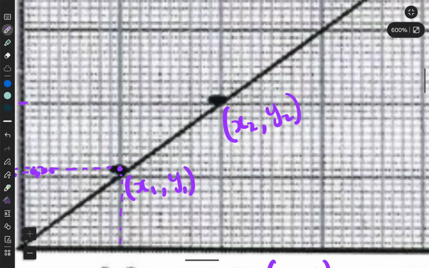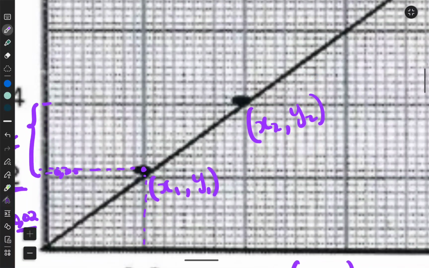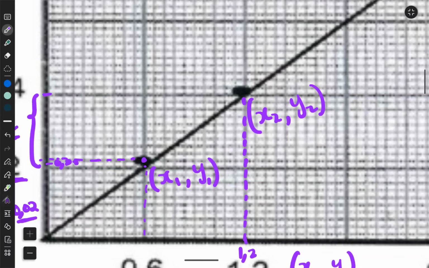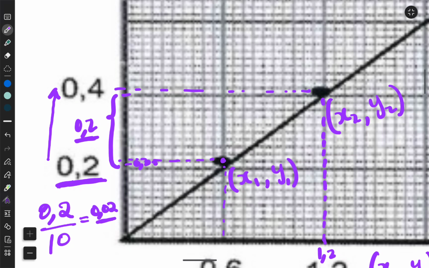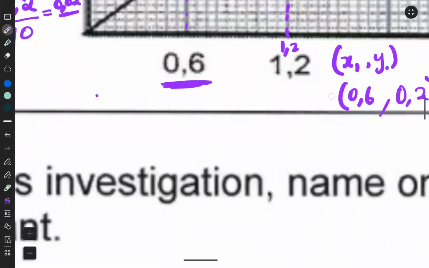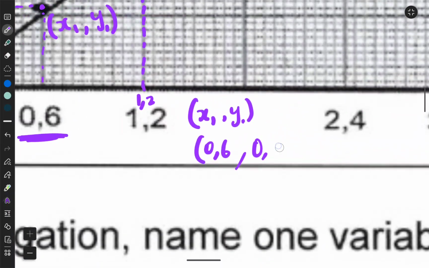And then I go to x2, y2. If I check my y, I'm on 1.2, because I just draw a line straight down. I see that I'm on 1.2 here. And going all the way there, I'm on 0.42. Sorry about this, let's use it like that.